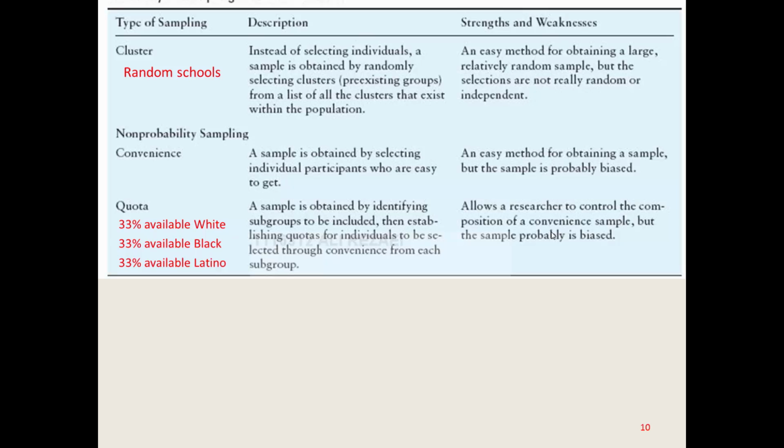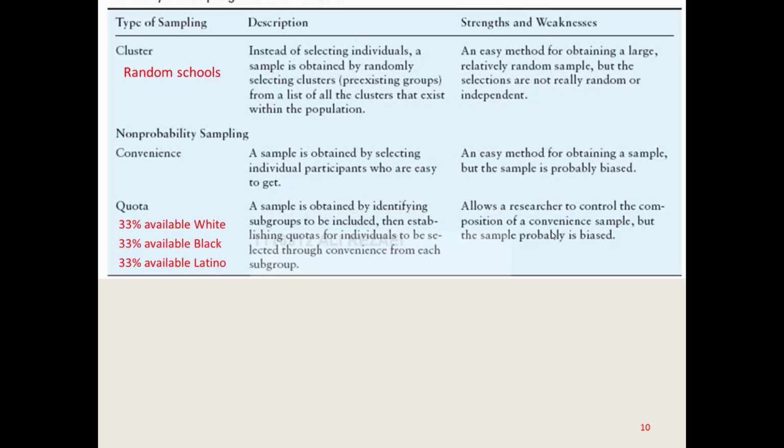So what you do, you randomly select 5 states, and then in those 5 states you randomly select 5 school districts, and in those 5 school districts you randomly select 2 schools, and then in those schools you randomly select 20 students. This is how you do a cluster sampling.